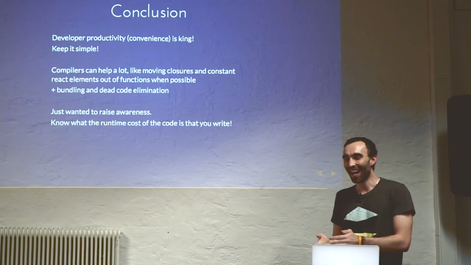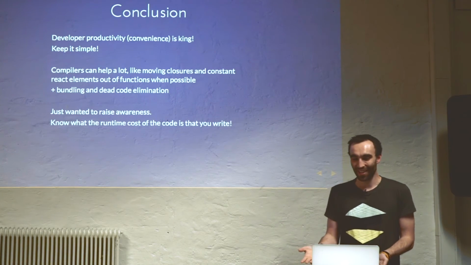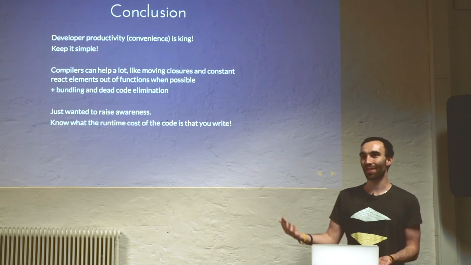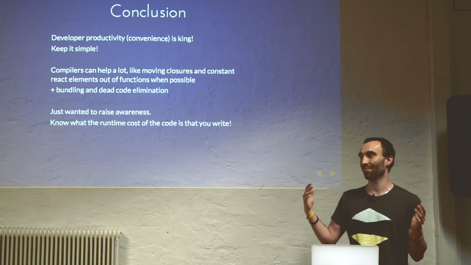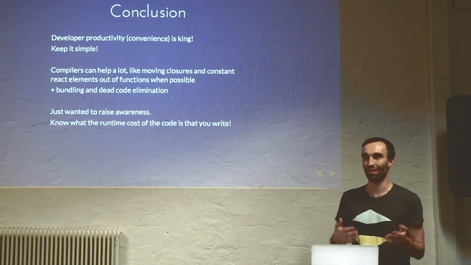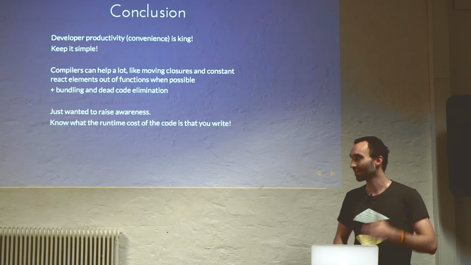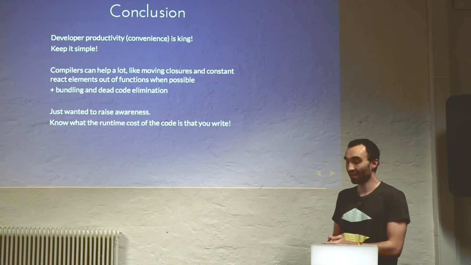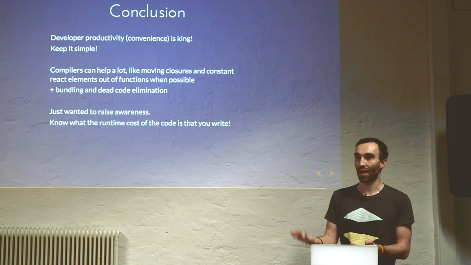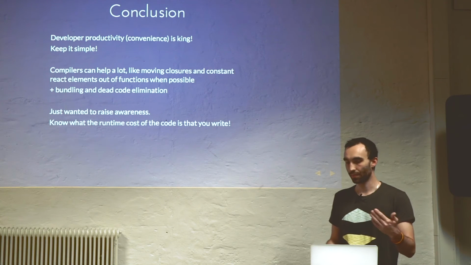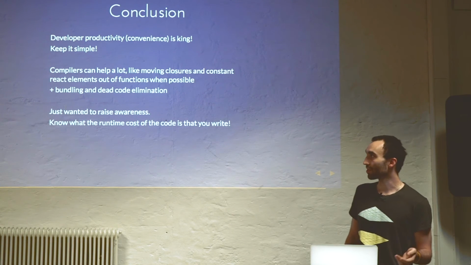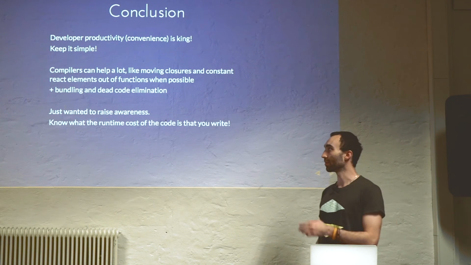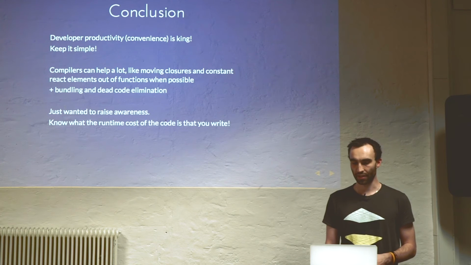All right, so the conclusion from my whole talk is that developer productivity is really awesome, and it's enabled JavaScript to get where it is now. It's the most popular language out there on Stack Overflow and GitHub and whatnot. But it has runtime costs, and there are compilers, for example Babel plugins for JSX that can optimize out constant React elements and also do dead code elimination and things like this.